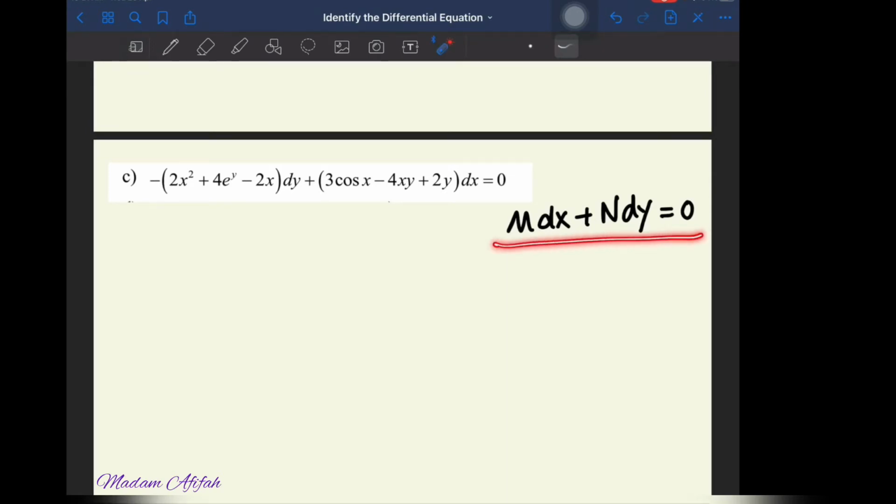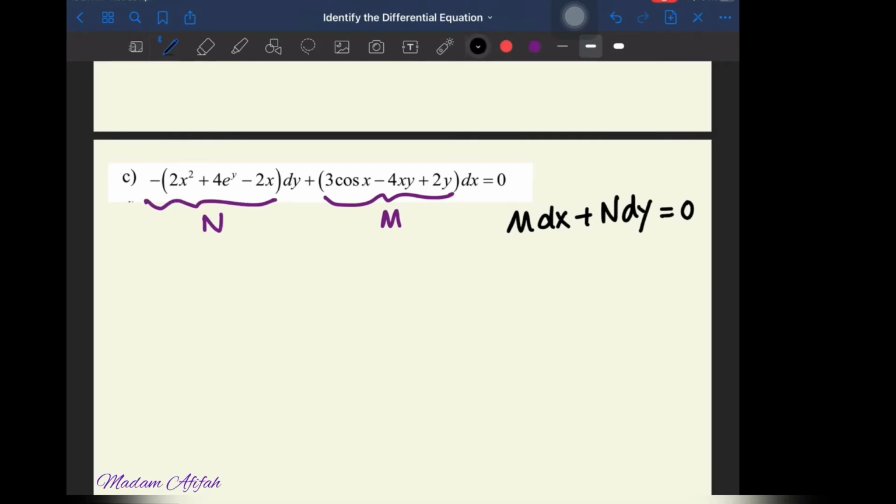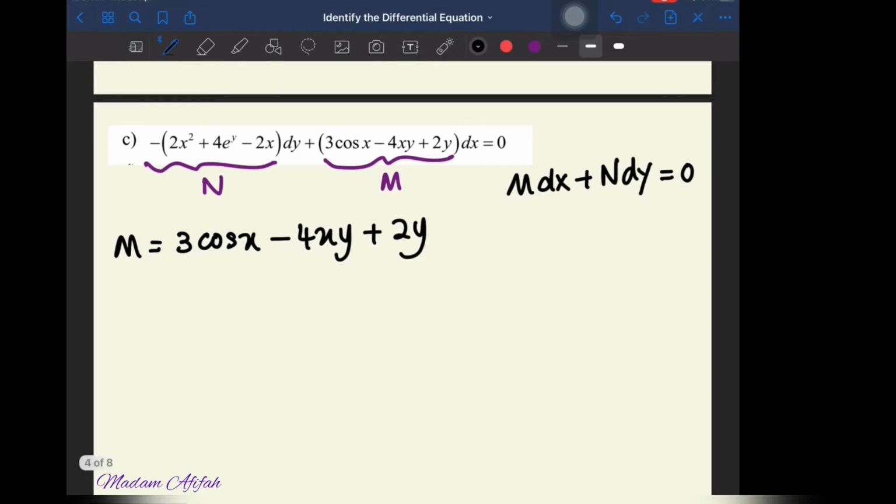By comparing this general form with what you have here, we know that this is your M and this is your N. When we define your M, M equals 3 cos x minus 4xy plus 2y. Differentiate this one with respect to y, so you have to assume x as a constant.